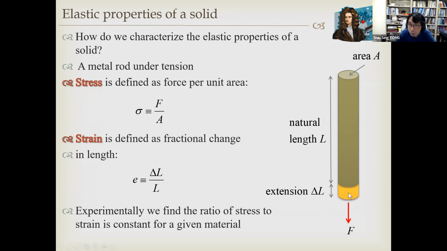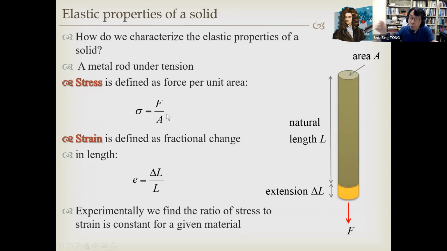If now I have an extension delta L and the original length is L, then the fractional change in length is delta L over L. Experimentally, we find that sigma and E, the stress and the strain of a given wire, are proportional to each other.